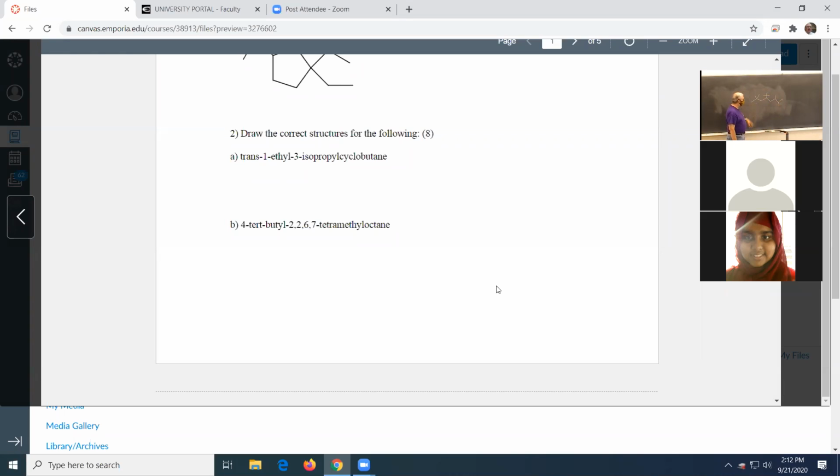I think most of you got this right. A couple of answers drew it as cyclooctane. You lost a point for that if you drew it as a ring. It doesn't say cyclo.